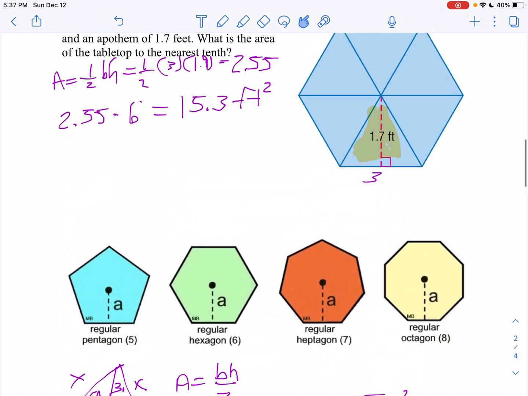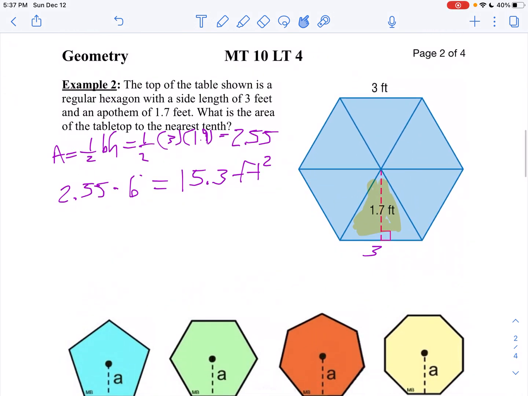Now, let's see if we can derive the formula for any polygon, not just a triangle. So if I look at this hexagon, and it could be any shape, to find the area, I'm going to find the area of the triangle. That'll be 1/2 times the base times the apothem.